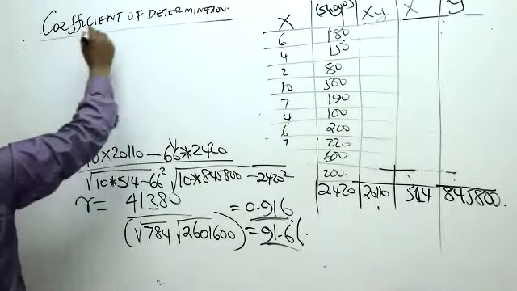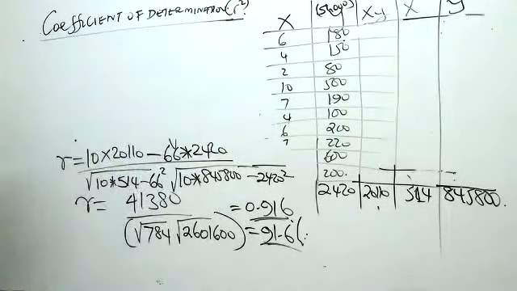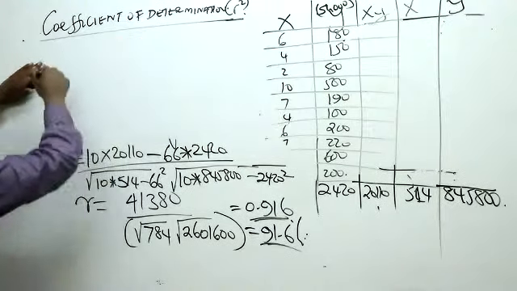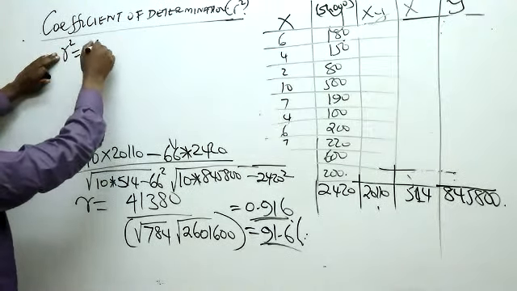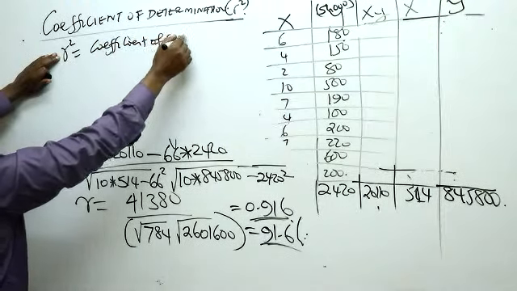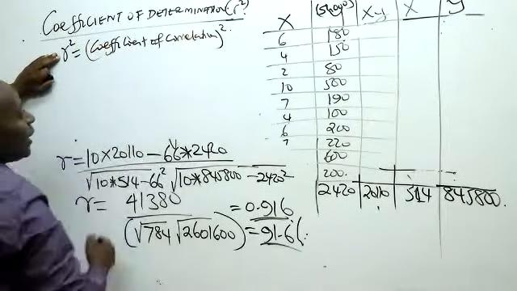R squared. From the formula there, our R squared will be equal to the coefficient of correlation, and then you square it.